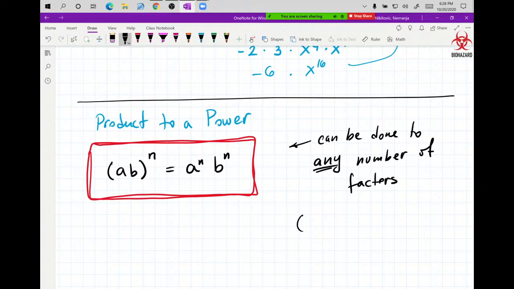So if I have, let's say, (abcxy) raised to the power n, then it's a to the n, b to the n, c to the n, x to the n, y to the n. So every member of the parenthesis will get its own power of n.